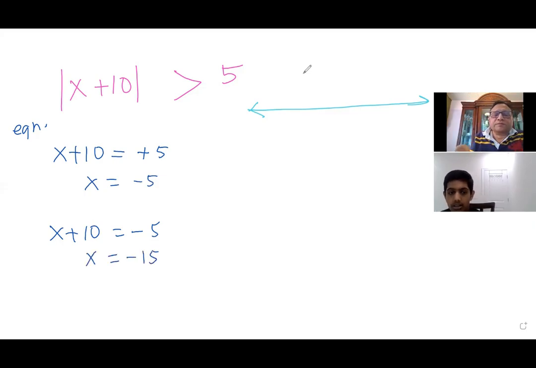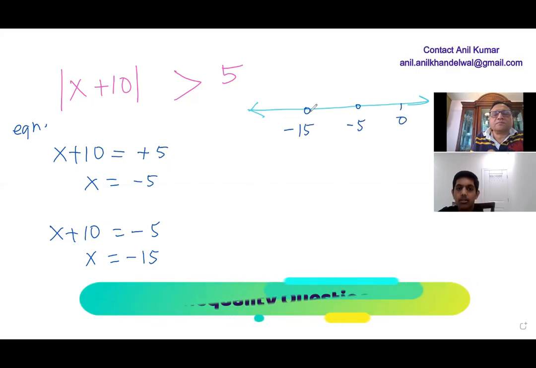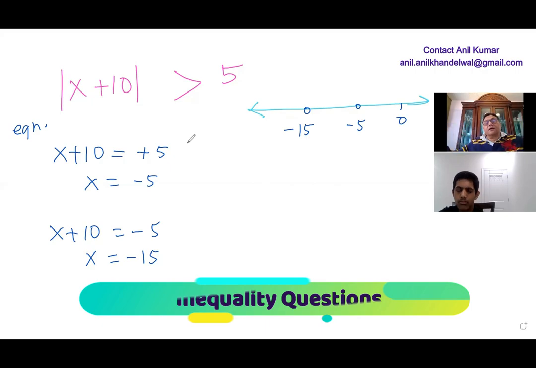Since it is greater than, it is going away from the points, not including them. And therefore, on a number line, my arrows are going away. Simple as that. You get the idea.